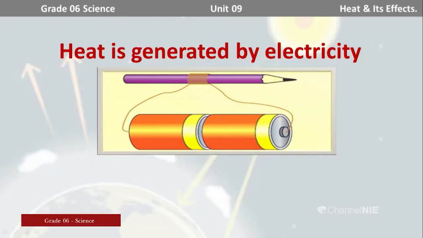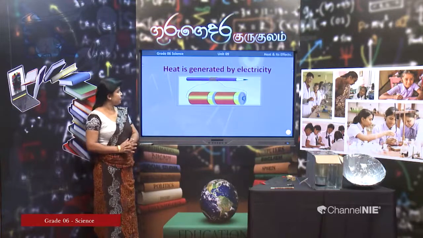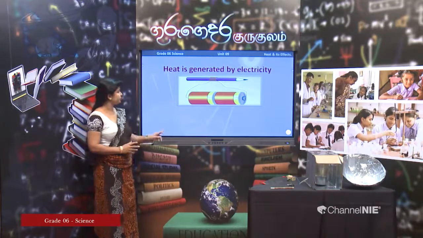I have got a simple activity to show how heat is generated by electricity. Firstly, I will explain the activity, and after that, I will do it. These are the things we need: a pencil, a copper wire and dry cells.